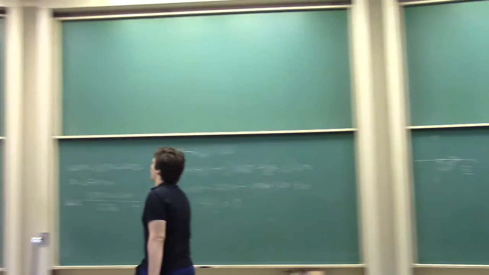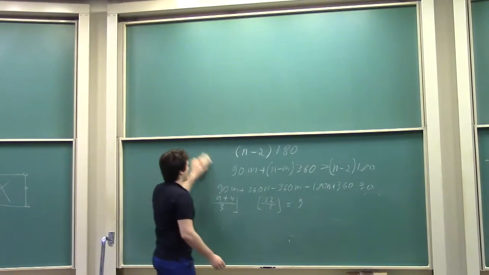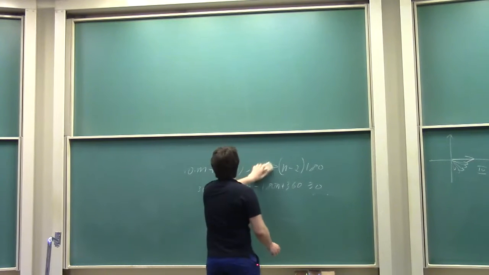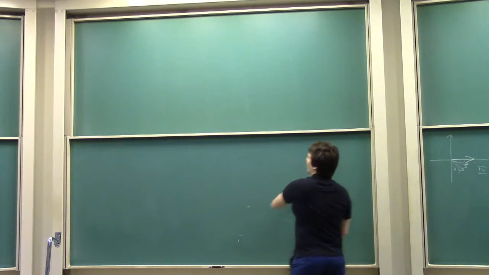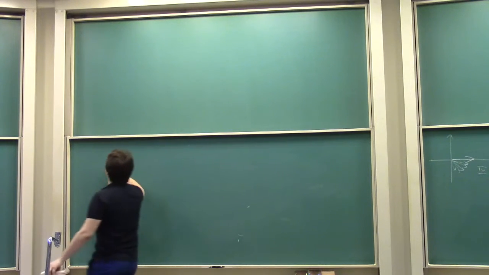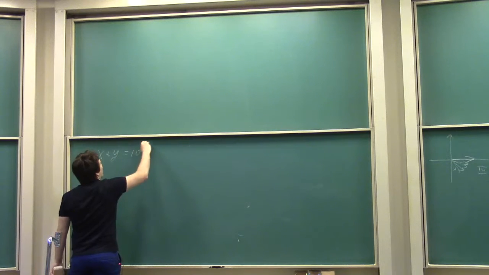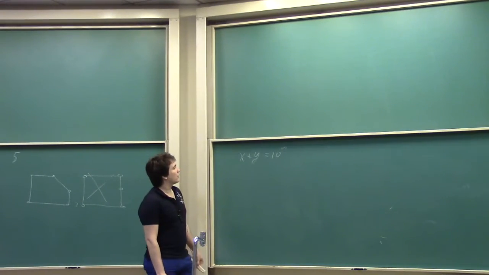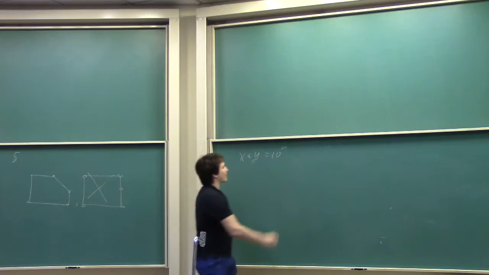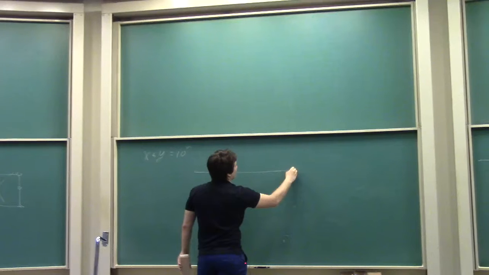It actually required you to understand how these numbers can look. If you have number x plus number y equal to 10 to the n, actually there are not very many ways these numbers can look.